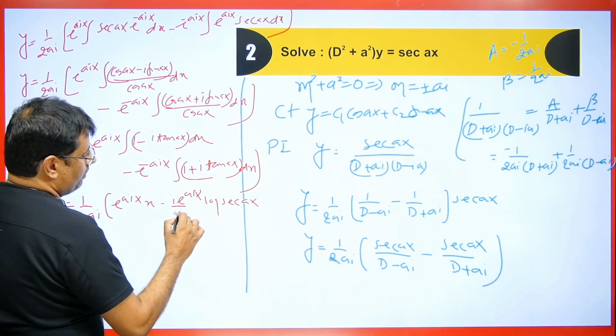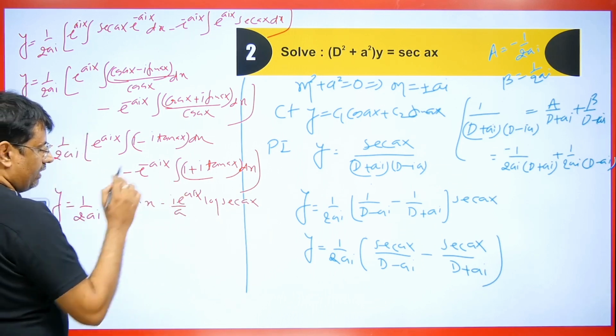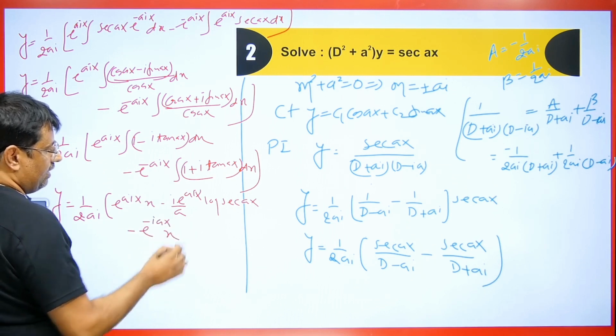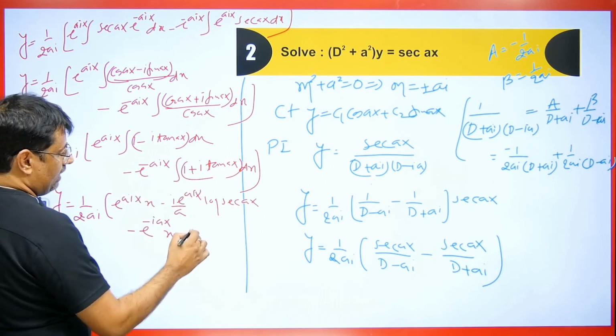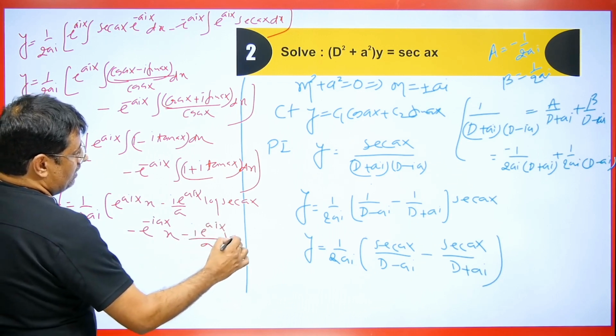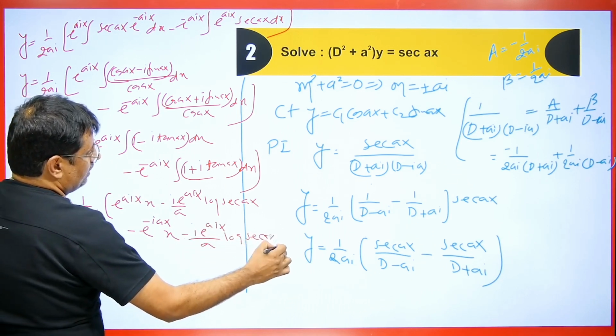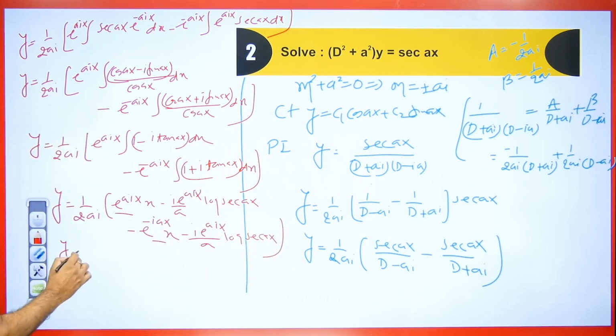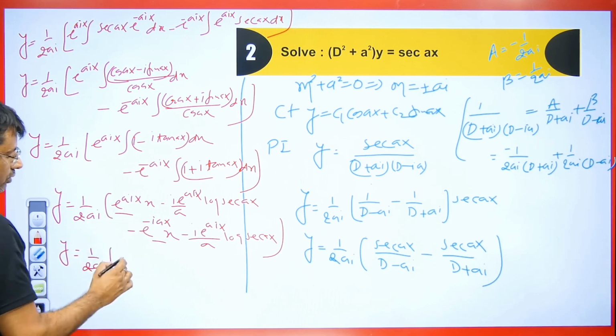And ax will be 1 upon a. Similarly, 1 will become x, so we will get e to the power minus iota ax, and this x will be here. Integrating this, the minus sign goes inside. Iota e to the power a iota x upon a. And this one will become log sec ax as well. Now observe that we'll write these terms together in the equation. Y is equal to 1 upon 2a iota, and we write this term together and take x common.